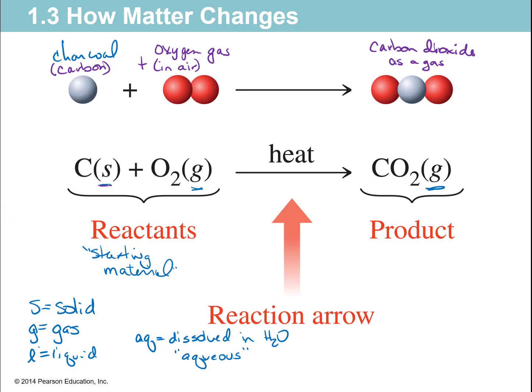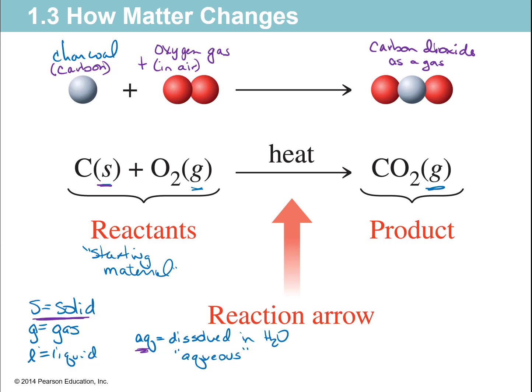So when you see this little parentheses with an S, that is telling you the state that the substance is in. So that's a solid. After oxygen, you have a G, so that's a gas. If water was involved in this reaction, you might see H2O with an L, which just tells you it's a liquid. There might also be this.